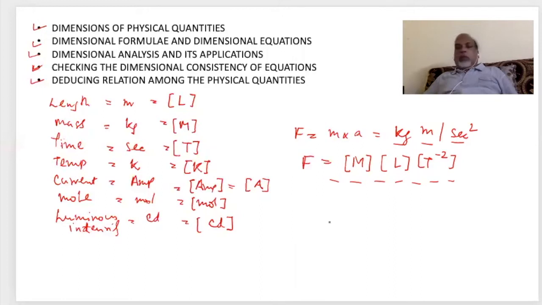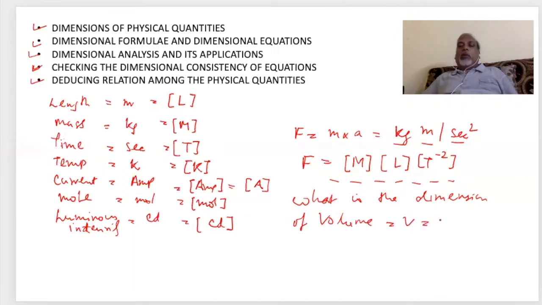So suppose you are asked, what is the dimension of volume? Then you know volume is equal to meter cube.